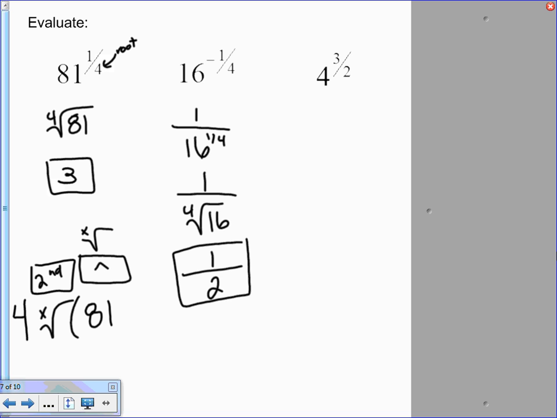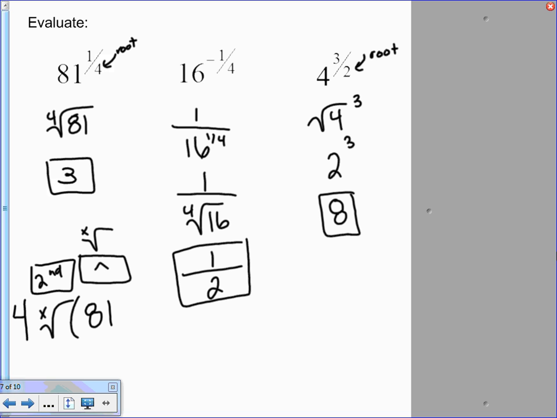When you have a fraction exponent, the root is always in the denominator. So what root am I taking? The square root of 4, and then I'm cubing it. What's the square root of 4? 2. Cubed is 2 times 2 times 2. 8. Done. Be careful.